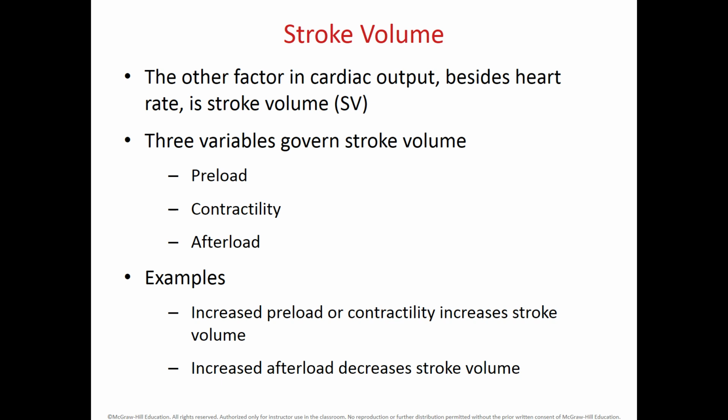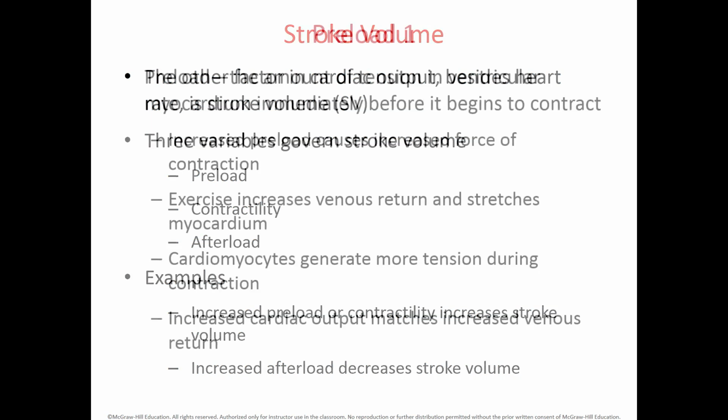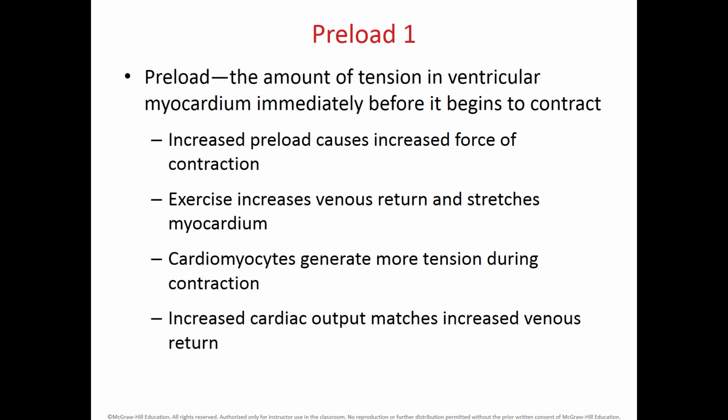Some examples: when you have increased preload, so more blood volume coming in, or more contractility, you have more stroke volume, so you pump more blood. If you have an increased afterload, so increased peripheral resistance of the blood vessels, you will pump less blood into your body.